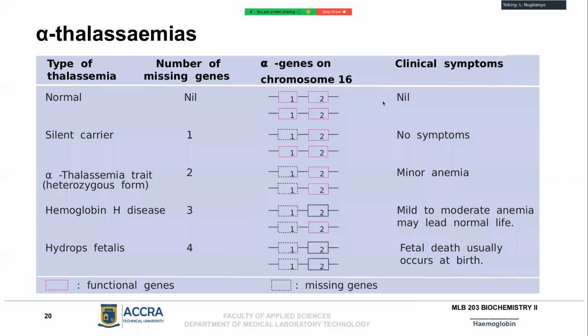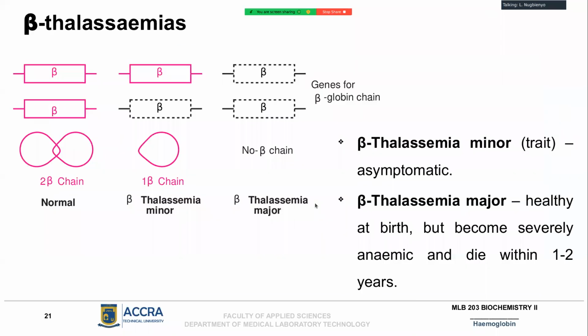Similar things will occur with the beta thalassemias. So here on the beta globins, for a normal person, all the beta globin genes are present and functional. Then we have some minor beta thalassemia where 1 of the beta genes is missing, which means you are left with just 1 beta gene, which will cause some minor thalassemia.